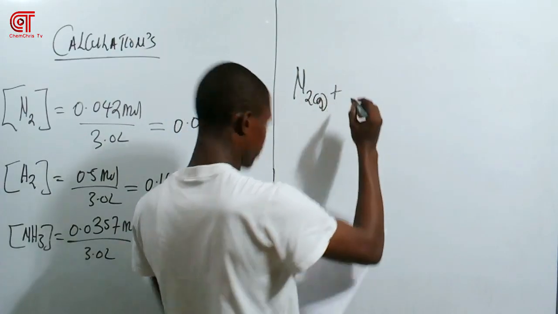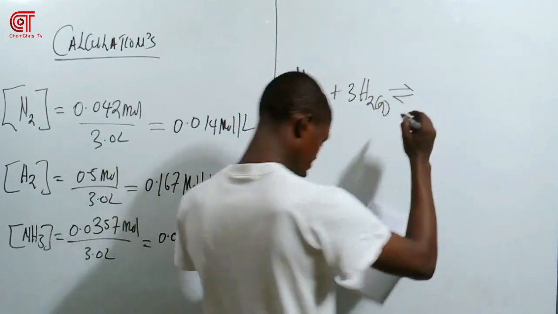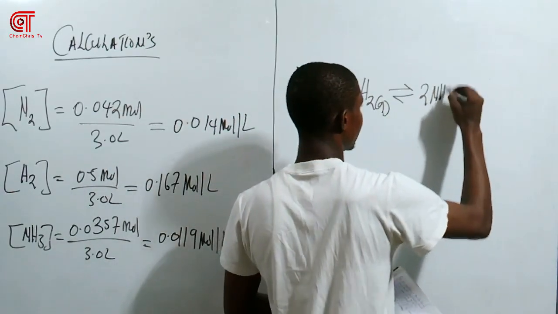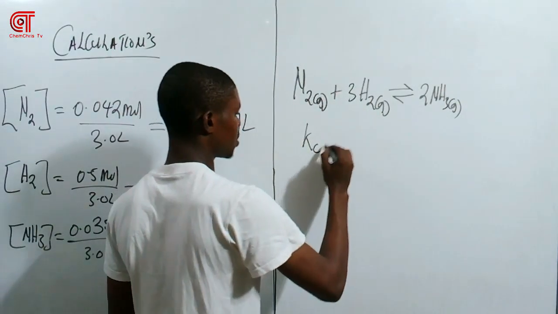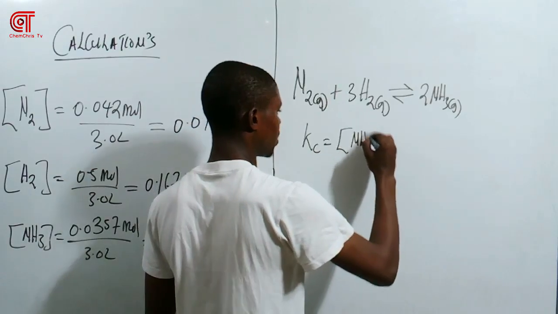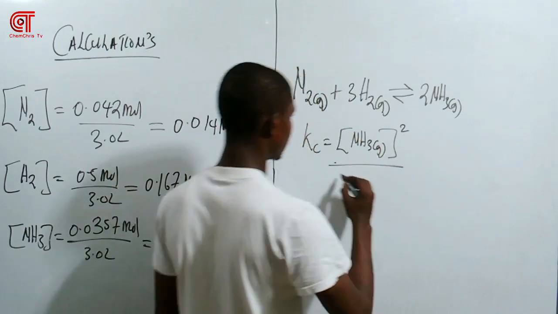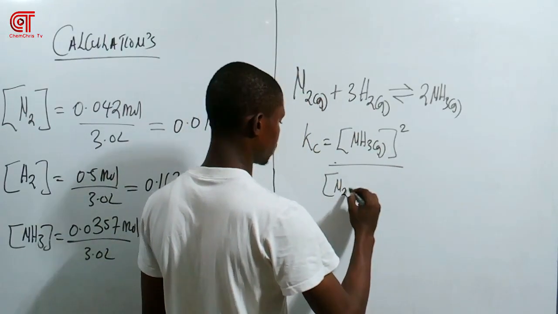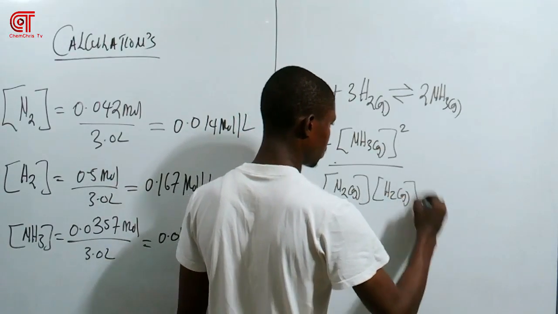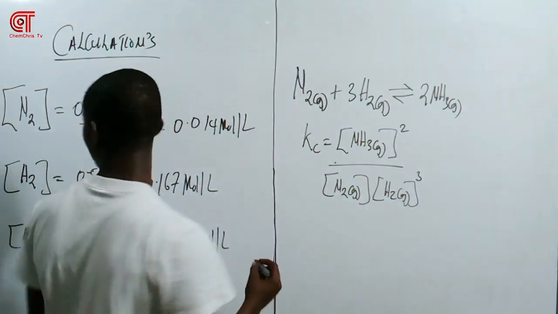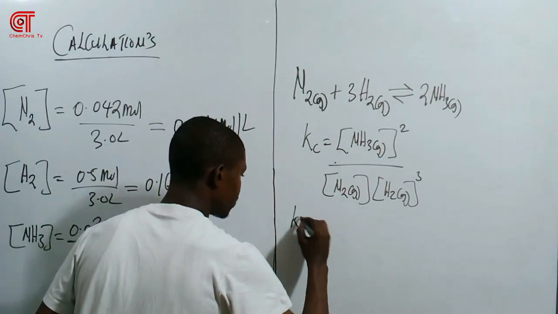Here we have N2 gas plus 3H2 gas giving 2NH3 gas. So here we have our Kc equals [NH3] squared over [N2] times [H2] cubed. So you have to input your values.